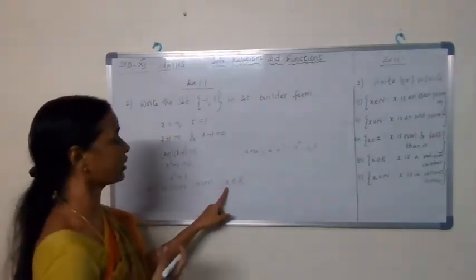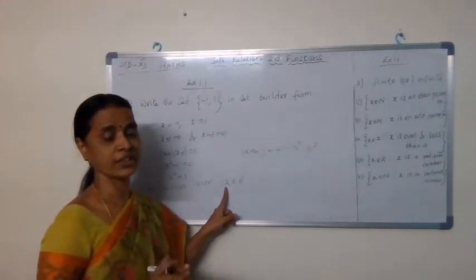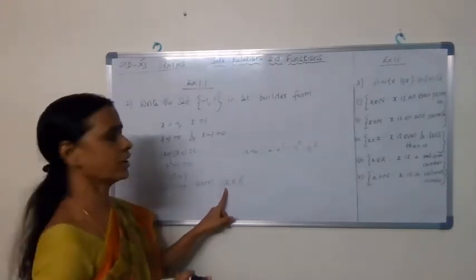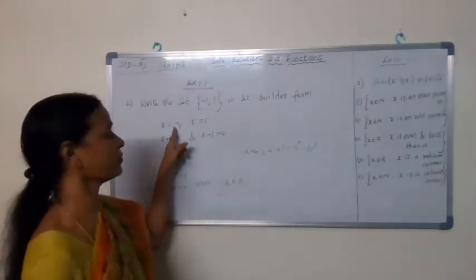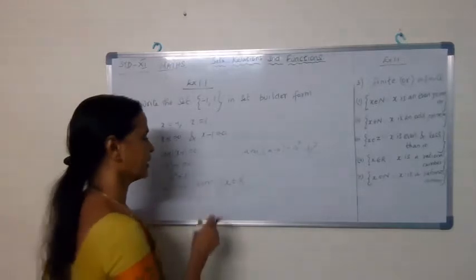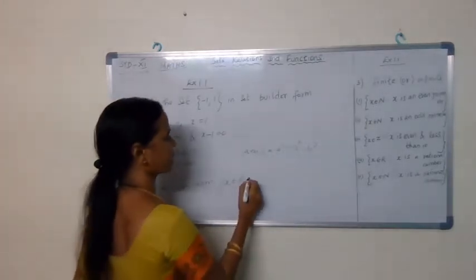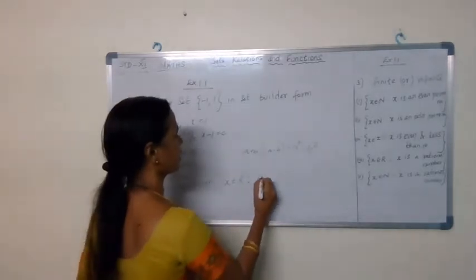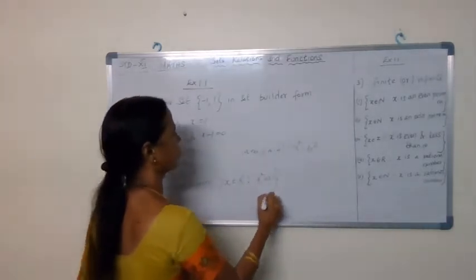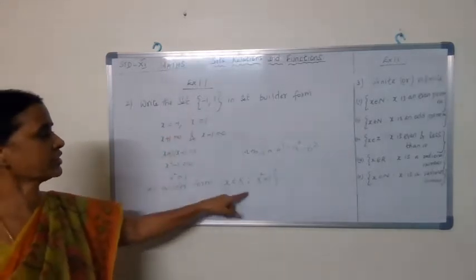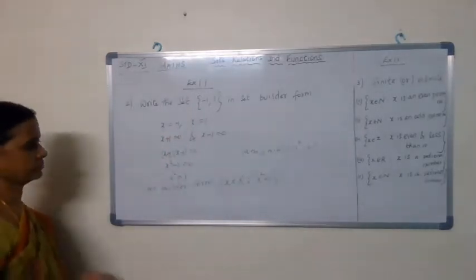Therefore, you cannot write it is a natural number, because in natural numbers you have only the set of positive numbers 1, 2, 3, etc. Here we have -1. Therefore, you write like this: x belongs to real numbers, x is a real number such that x square equal to 1. Therefore, given in roster form, you have converted it into set builder form.